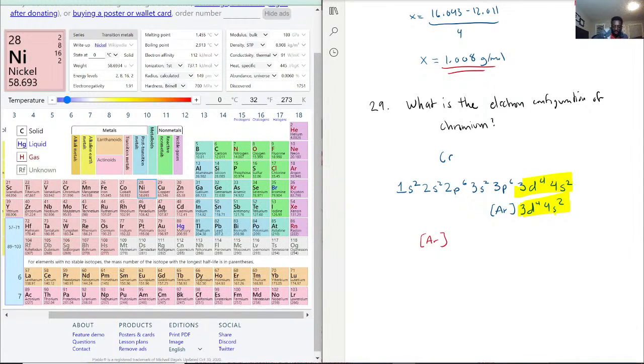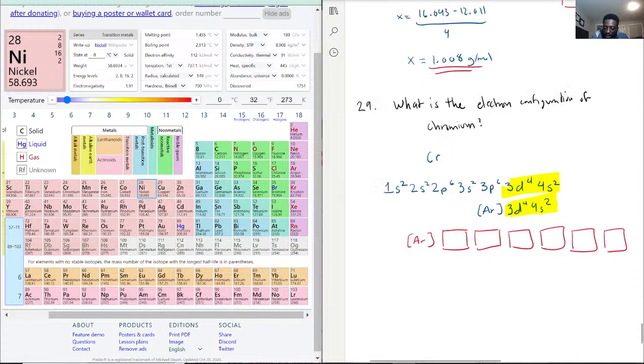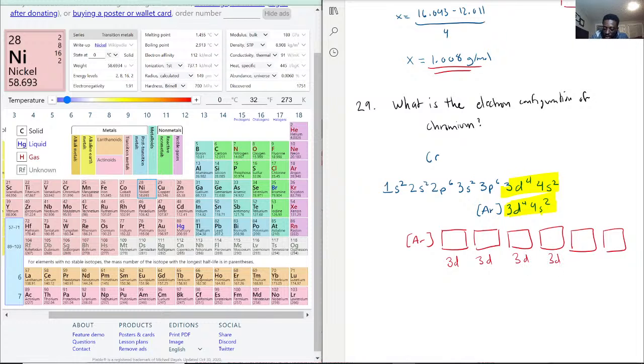Okay, sorry about that interruption. We're just going to get right back to it. So with that being said, we write the notation for it. Remember how we need the D row first, 4, 5, and then we have the S. So we have 3D and 4S.